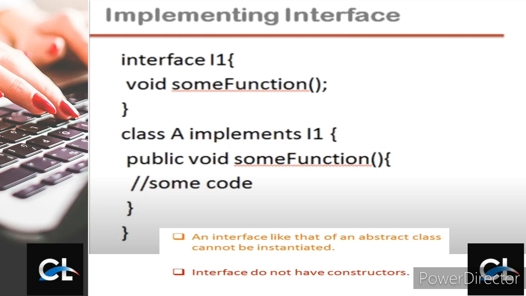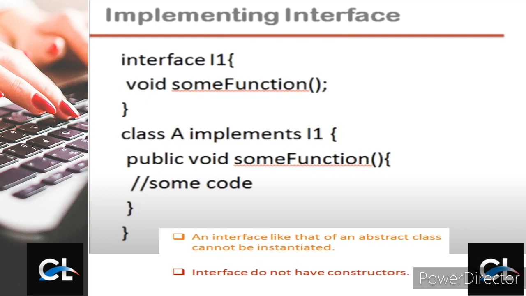If I want to use the common properties of the first interface, interface 1, then we have to write class A implements I1. And now we can declare the void sum function. That means we can give the definition. We can put the logic of this method here.